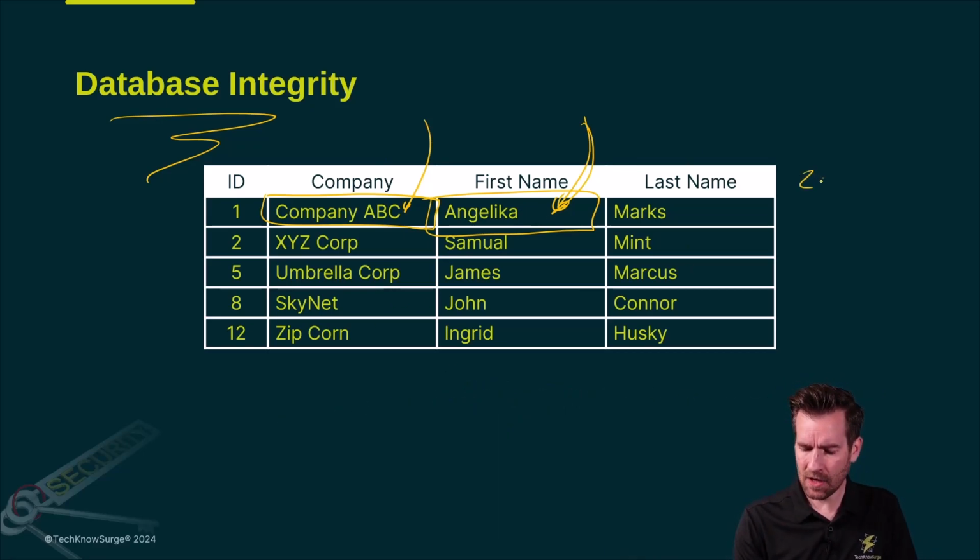And if that zip code is wrong in there, then let's say we're trying to market to a specific zip code. Now we're sending email messages out to the wrong zip code. So it's important that we have this database integrity to be able to pull the correct information and be able to give the correct information. And it's important to the users, it's important to the company, it's important all around that this information is correct.